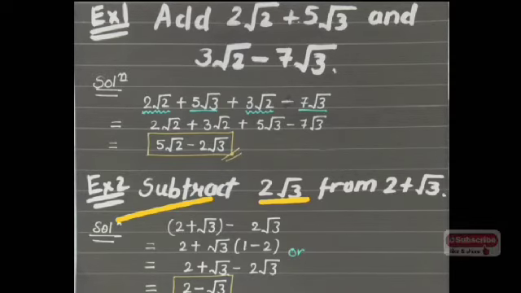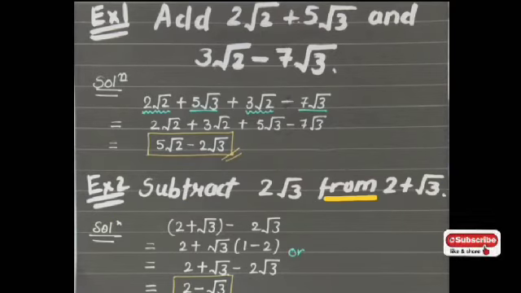Subtract 2 root 3 from 2 plus root 3. A very important thing in subtraction is the word from. When from is written, the first written number has to be subtracted from the last written number.